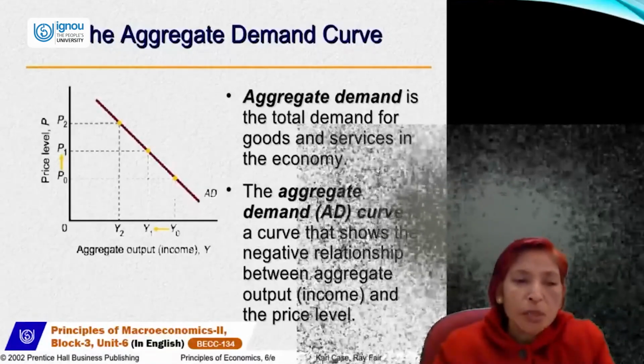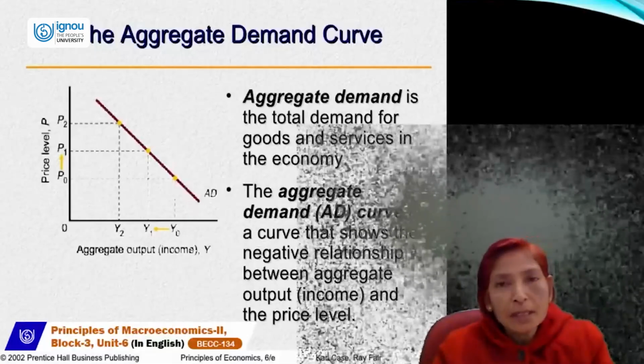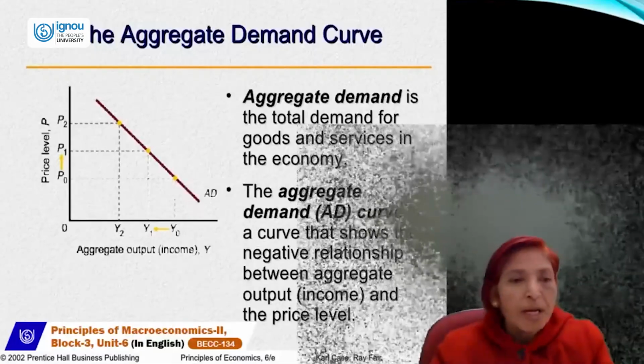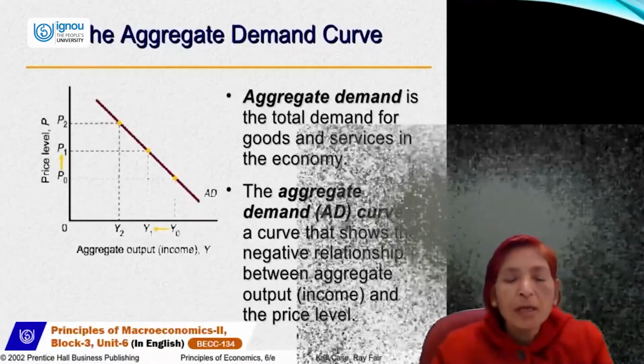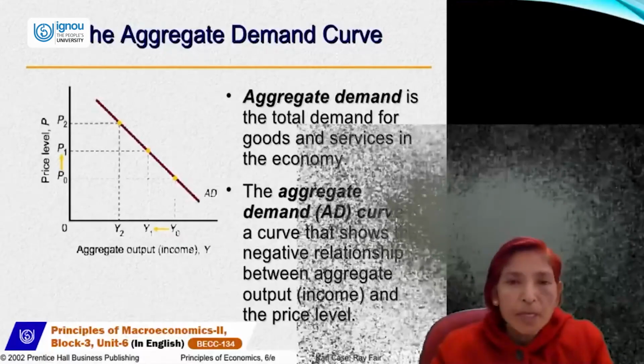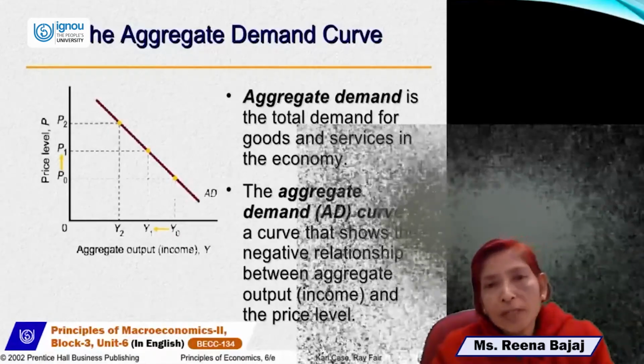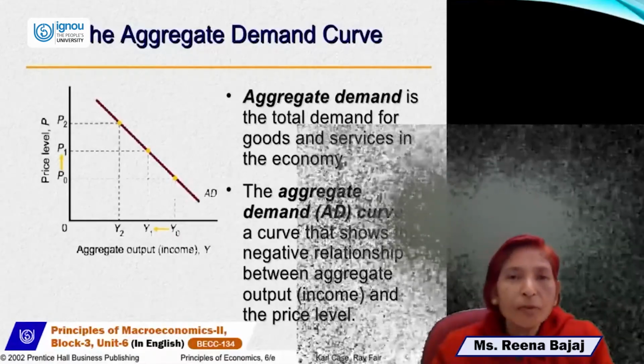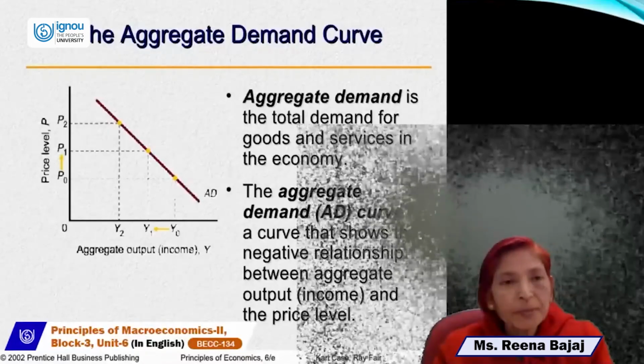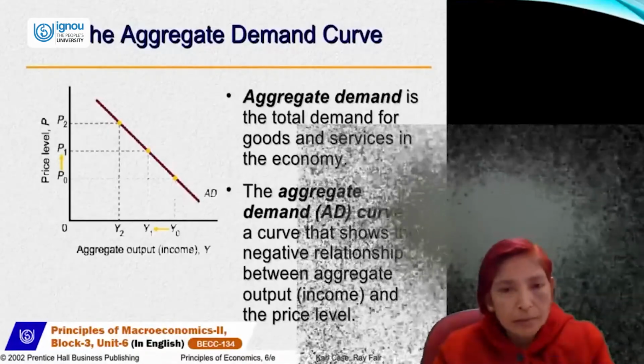When price is P2, income is less, or Y2. As price falls, income will rise. It means this curve always slopes downward from left to right. So this is the aggregate demand curve.